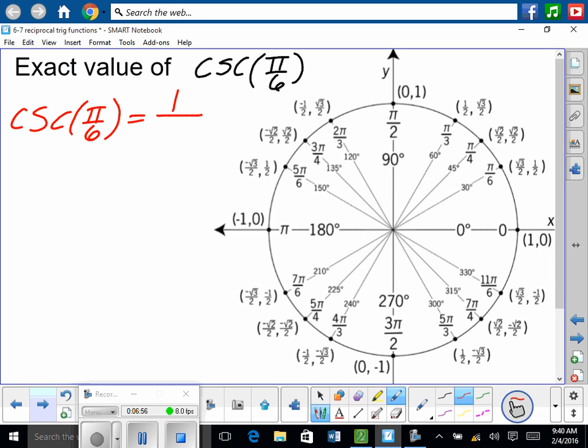So we're really looking at 1 over sine of pi over 6. So then you say, okay, I want to know what is sine of pi over 6. So I locate pi over 6 right there. We know that sine is the y value, right? So really we have 1 divided by the sine of pi over 6, which is 1/2. So we have 1 divided by 1/2. Does everybody see how I did that?